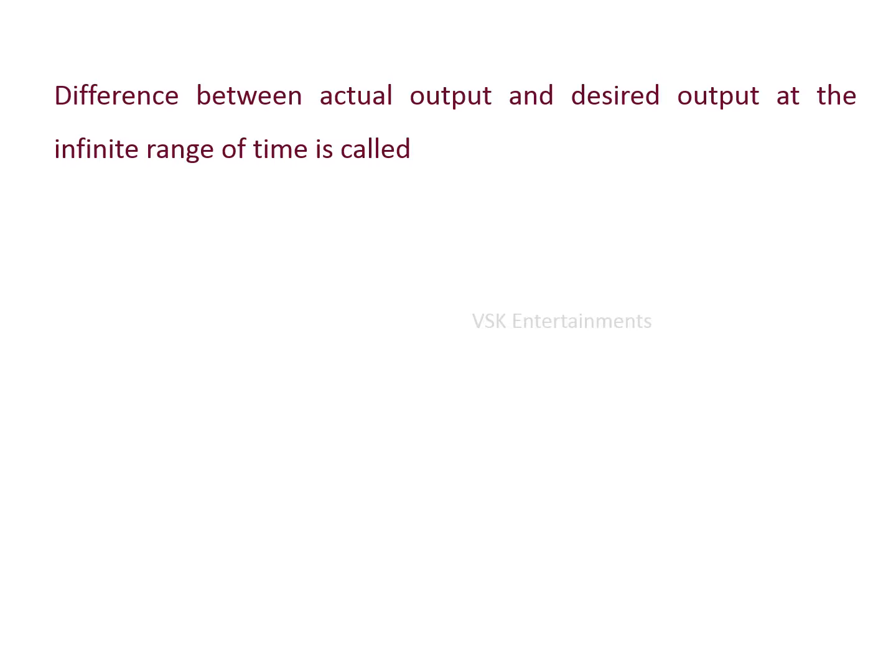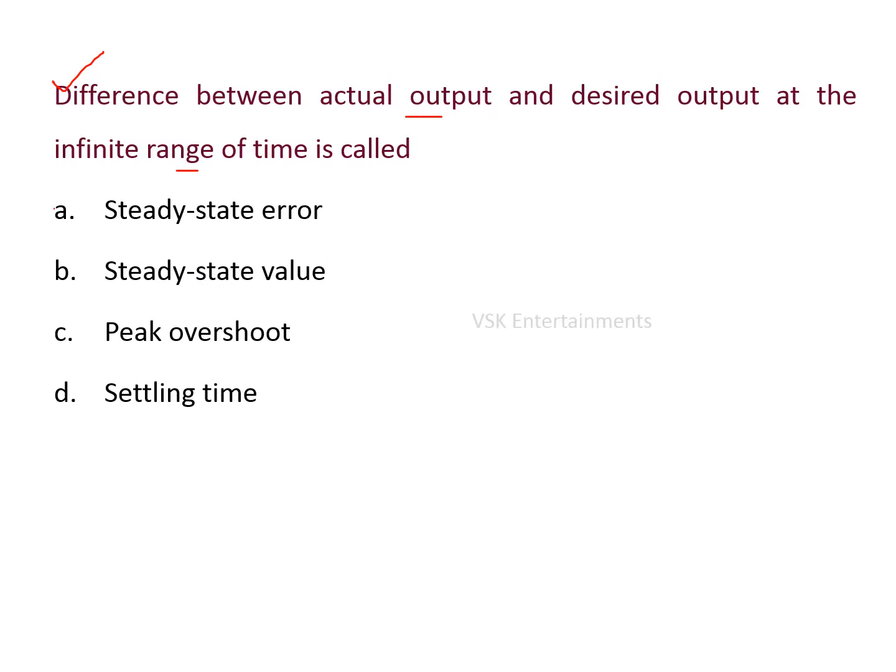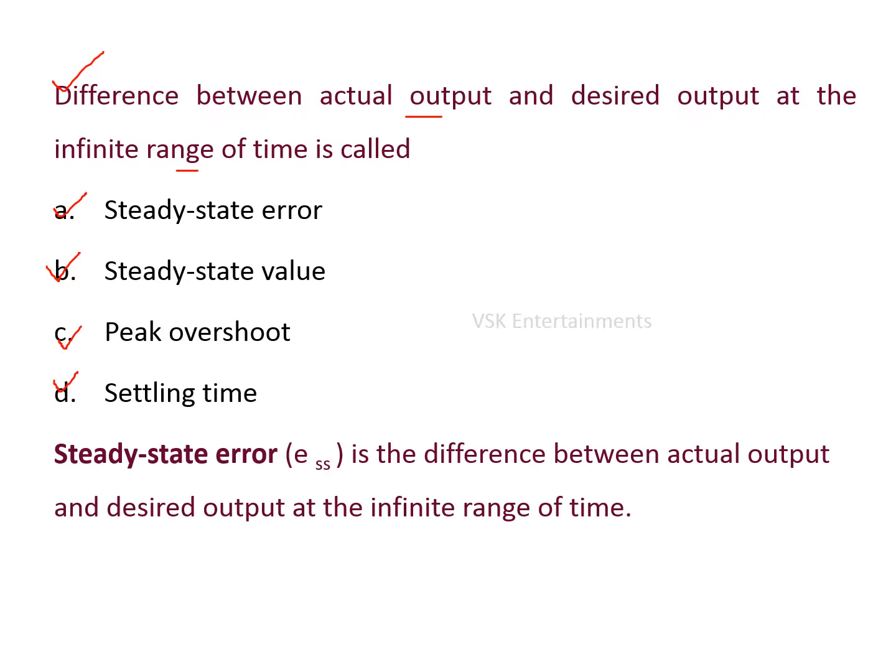Coming to next one, the difference between actual output and desired output at the infinite range of time is called, options are steady state error, steady state value, peak overshoot and settling time. Coming to concept of steady state error, that is defined as the difference between actual output and desired output at the infinite range of time.